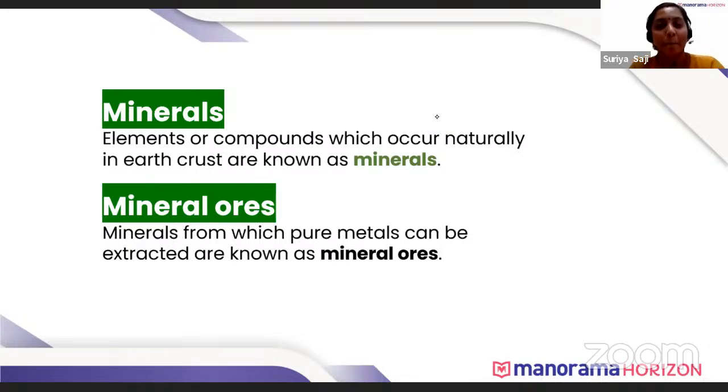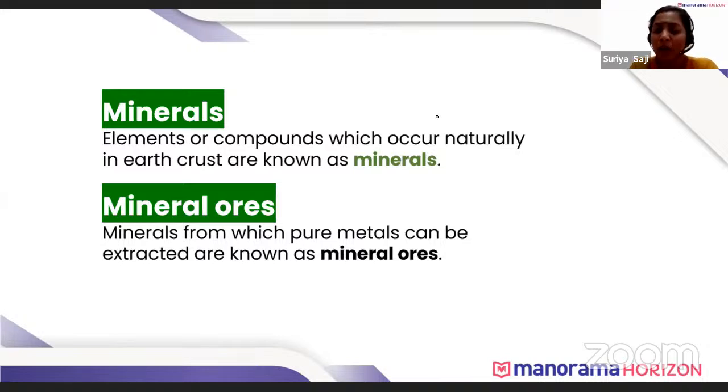So minerals. Minerals are elements or compounds that occur naturally in the earth's crust. From those minerals we are getting ores. If we can extract pure metals from any mineral, then these are known as mineral ores.